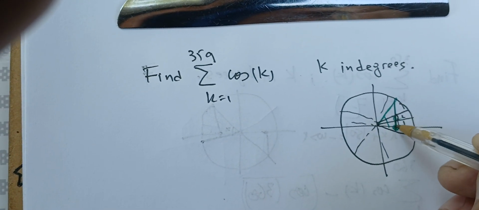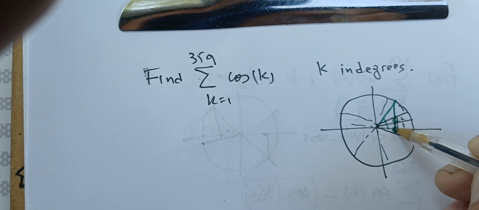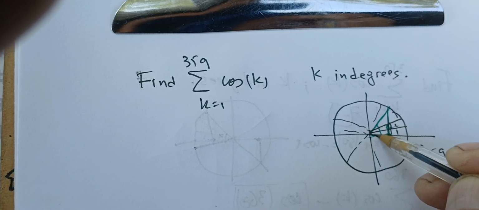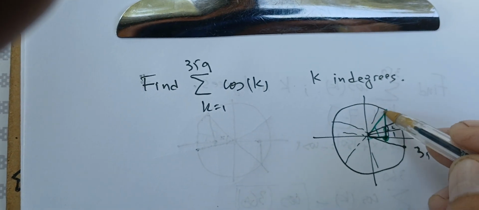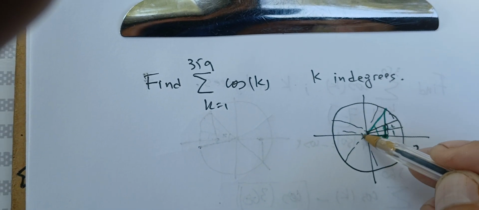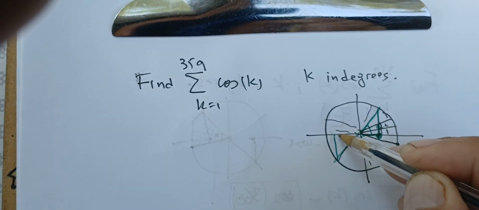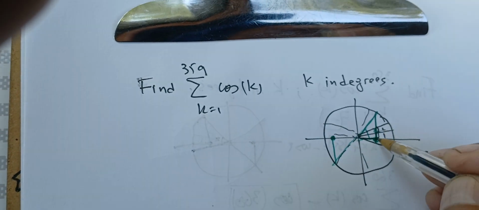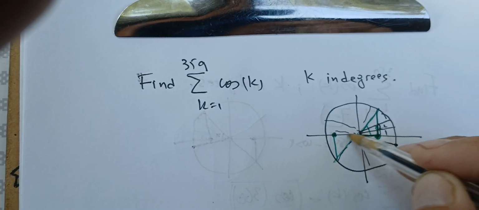Let's call it x, and this is the cosine of x. The green dot is the cosine here, so this length here is the cosine of x. And after we make a turn by 180 and take the cosine of that angle, we get the minus value.